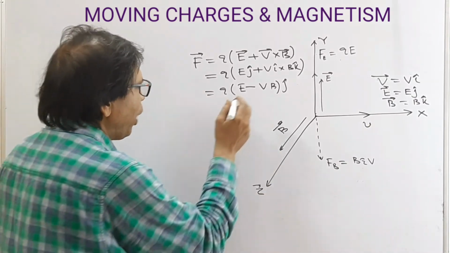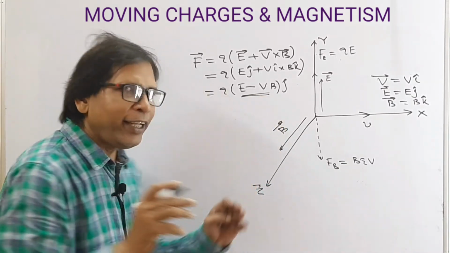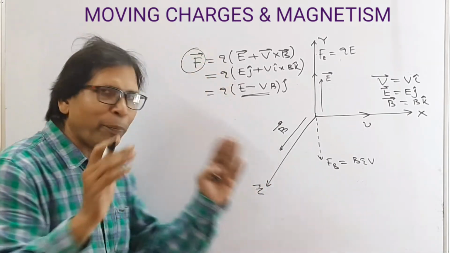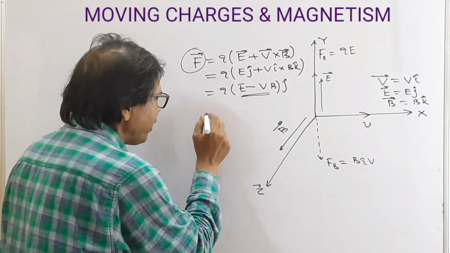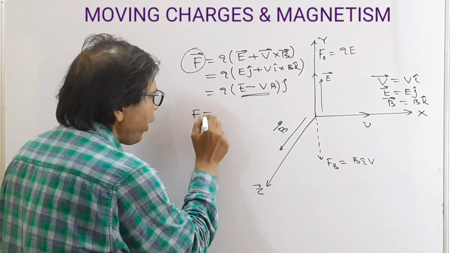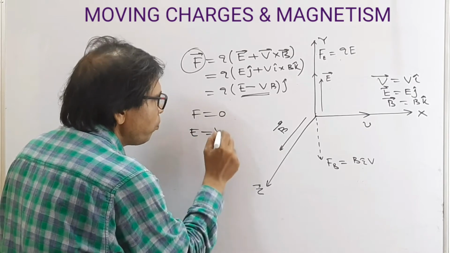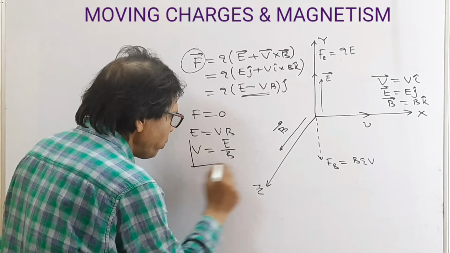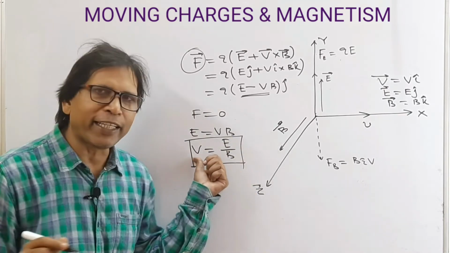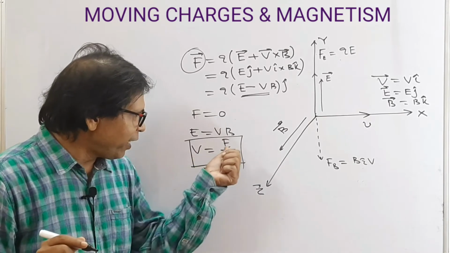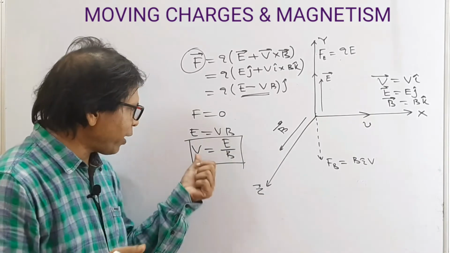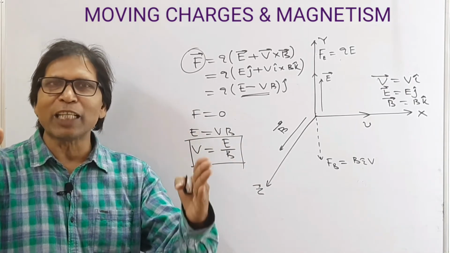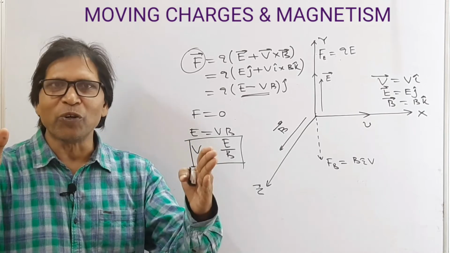Now, if the velocity of the charged particle is so adjusted that the net force F becomes 0, then qE equals qvB, therefore v equals E by B. If the velocity of the charged particle is selected such that v equals E by B, then the net force acting on the charged particle is 0.